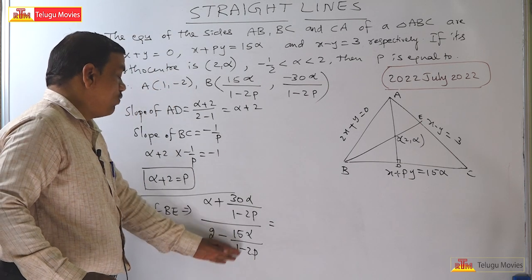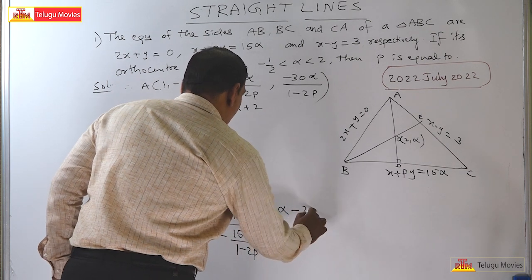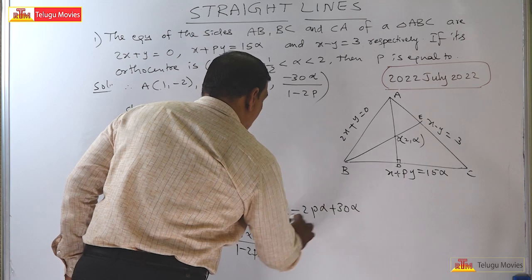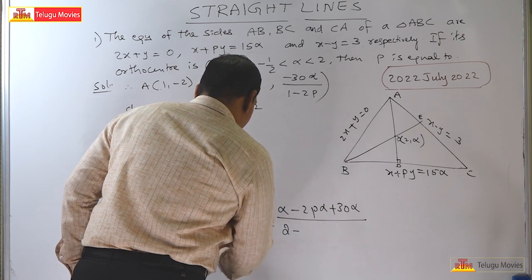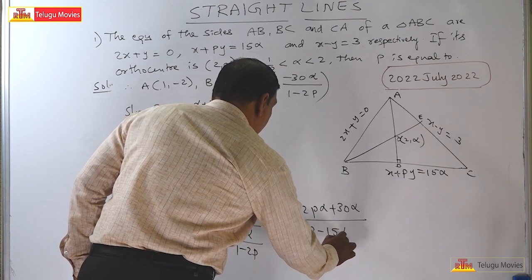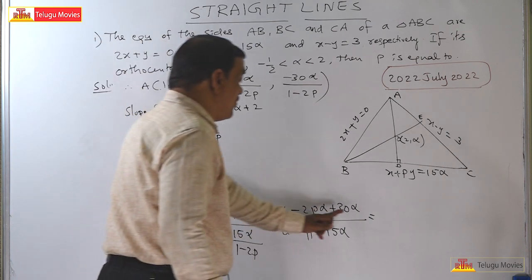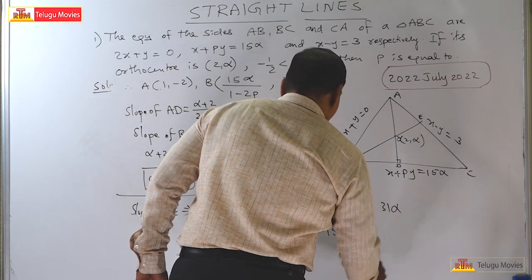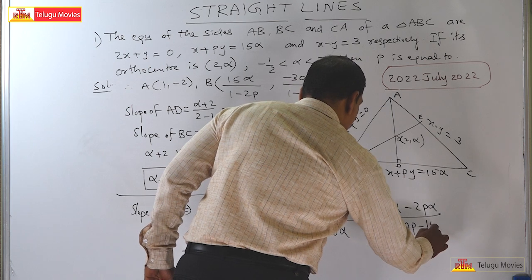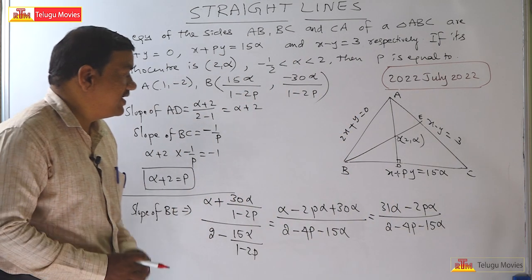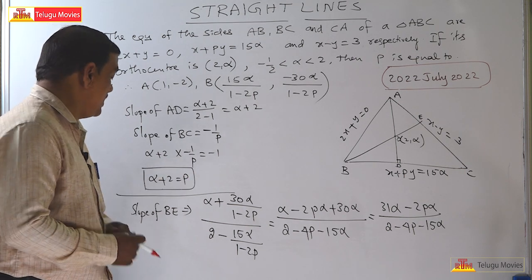The 1 minus 1 gets cancelled. So after cross multiplication, we get 31 alpha minus 2p alpha divided by 2 minus 4p minus 15 alpha. So that is the slope of BE.